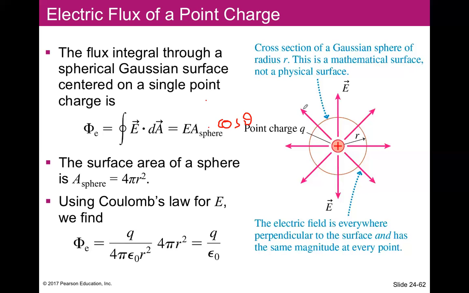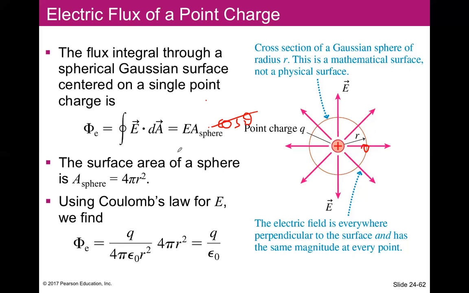It's always 0 because, for example, at this point, your E is going to the right. And at this point, what's the direction of your surface? It's the normal direction. It's also going to the right. Because we have used this symmetry, the direction of your dA on this surface is always in the same direction as the electric field. Then cosine theta is always cosine 0, which is 1. So EA times 1 equals EA.